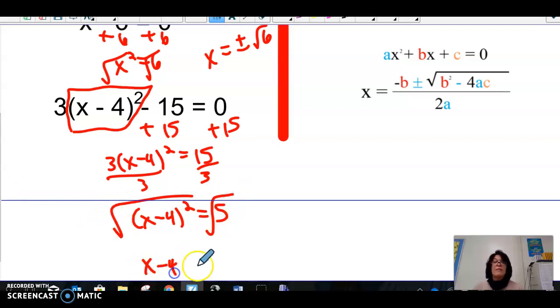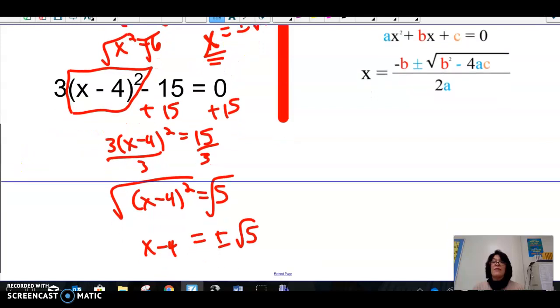Once I have something squared equals something else, I take the square root of both sides. Now I have x minus 4 equals plus or minus the square root of 5. Just like I had up here, once I took the square root of x squared, I had x. The square root of x minus 4 squared, x minus 4. Okay? Not quite done because I do want to get the x by itself. So my last step would be to add 4 to the other side.